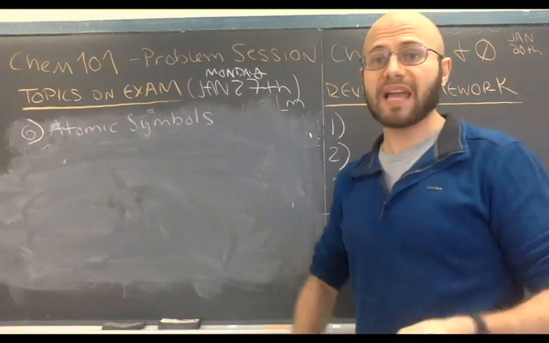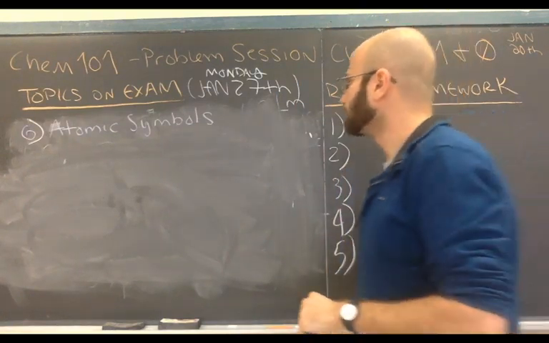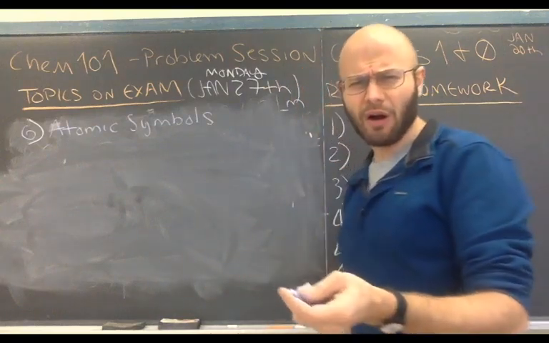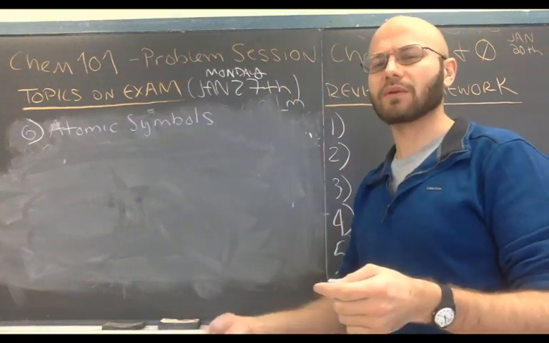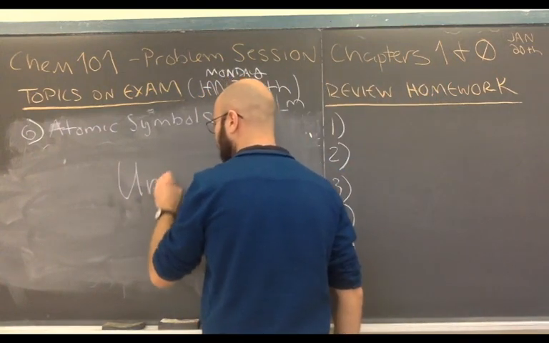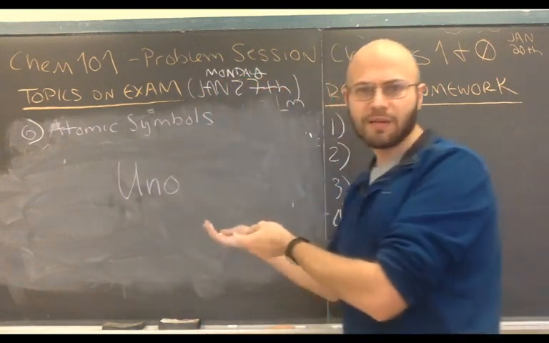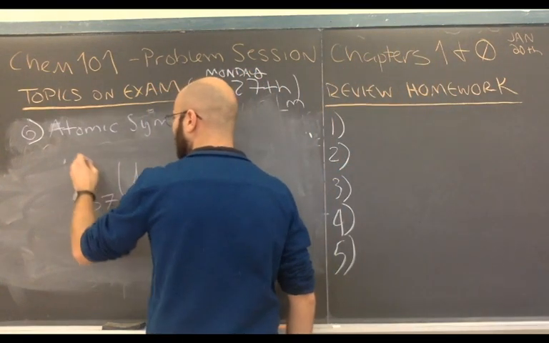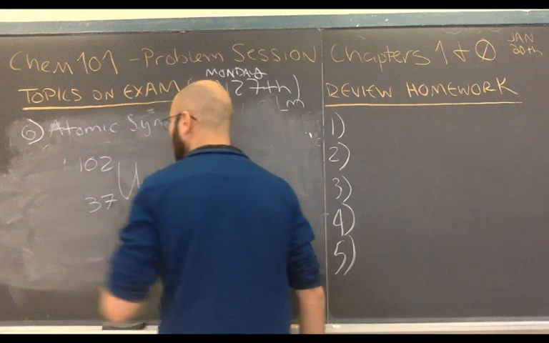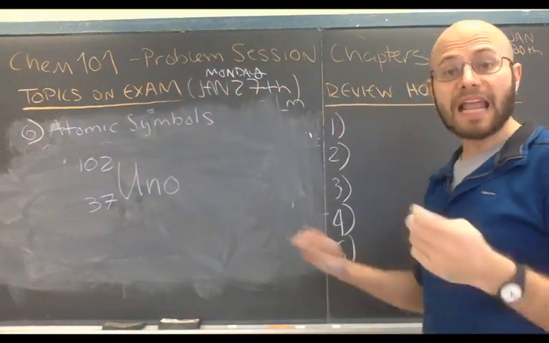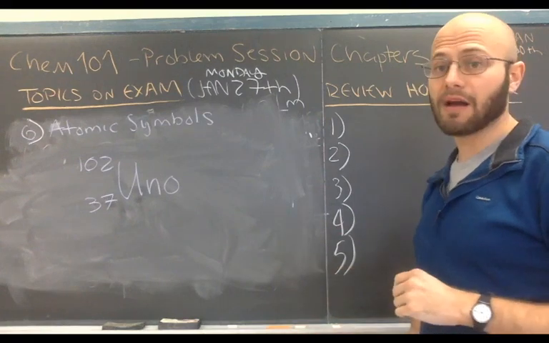I'm going to just make up something for fun. If you ever watched Avatar, not The Last Airbender, but the one with the blue people, there was something known as unobtainium, which is not a real symbol, but we'll make it up. So if I write, let's say, 37 here and 102 here, a couple of questions I could ask you are, how many neutrons are there in this made-up atom?